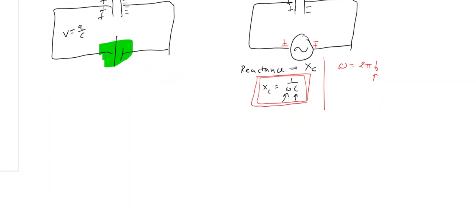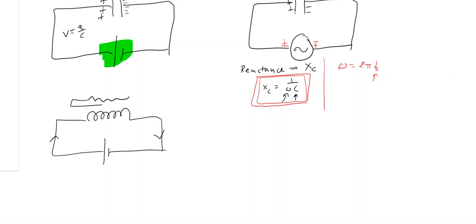Similarly, if you consider a circuit with an inductor, suppose you have a coil connected with a battery, nothing will happen. You will have current just like in this circuit where you have a resistor connected. So the coil is not playing any role if you connect it with DC.